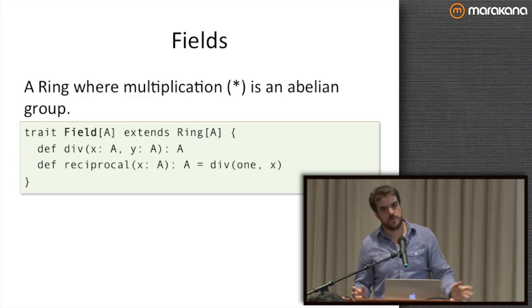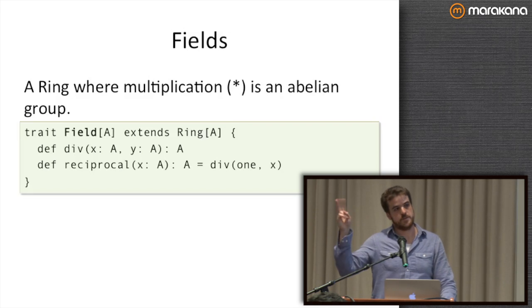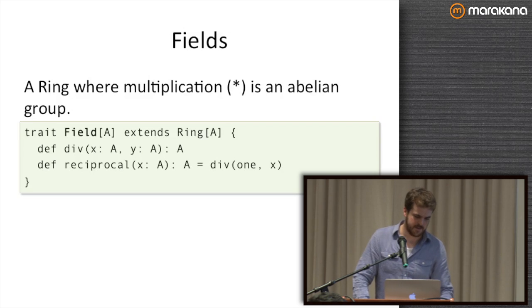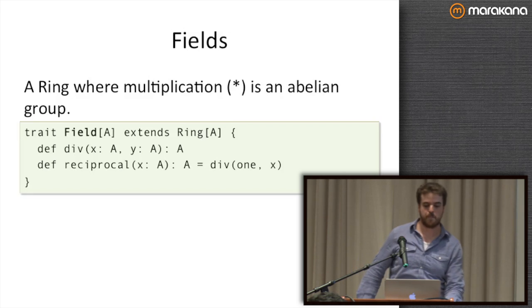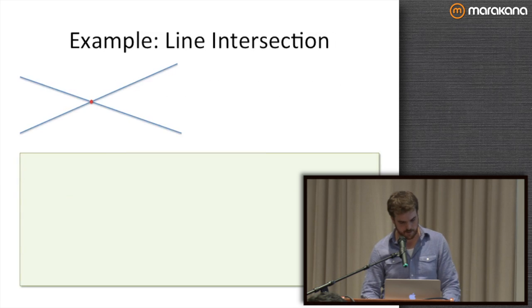Fields basically add division to your rings. So the multiplication is now an abelian group. Once again, abelian just means it's commutative. And so in Spire, we define reciprocal in terms of div because most types are much better at defining div. We'll see why. So fields are obviously useful because they add division.